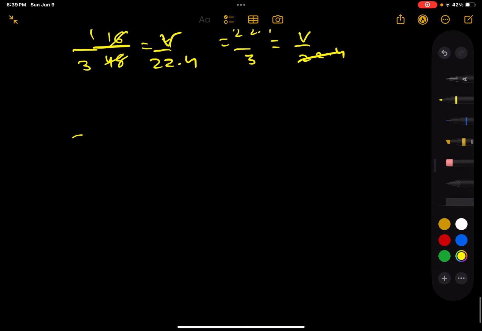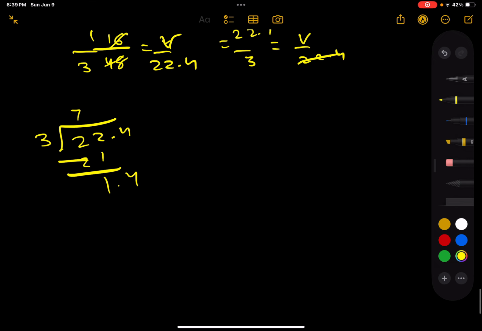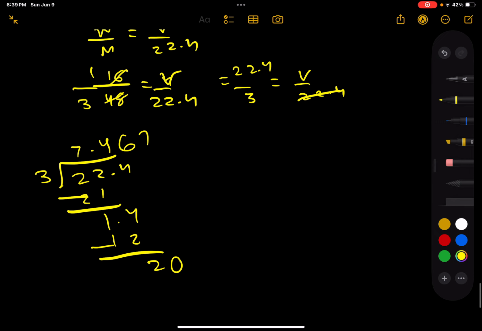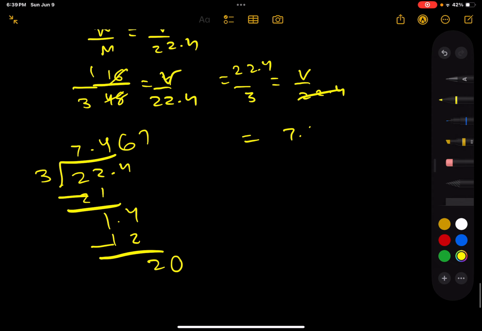Now 22.4 divided by 3, we will get 7.467 liters, which is equal to the volume.